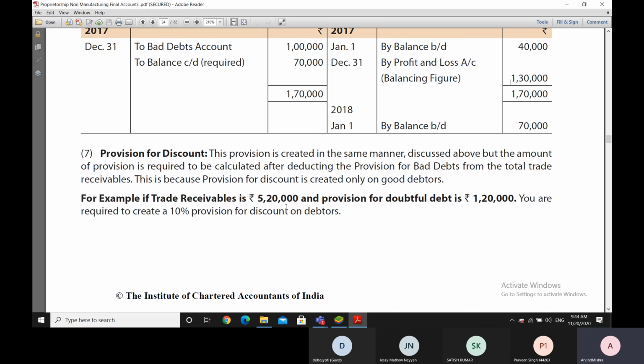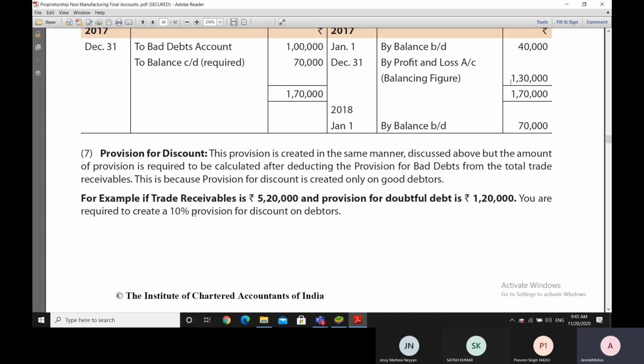For example, if the total trade receivable is 5,20,000 and our provision for doubtful debt is 1,20,000, we will reduce this 1,20,000 from 5,20,000 and we get a figure of 4 lakh rupees. Now on that 4 lakh rupees, we'll create a provision for discount.